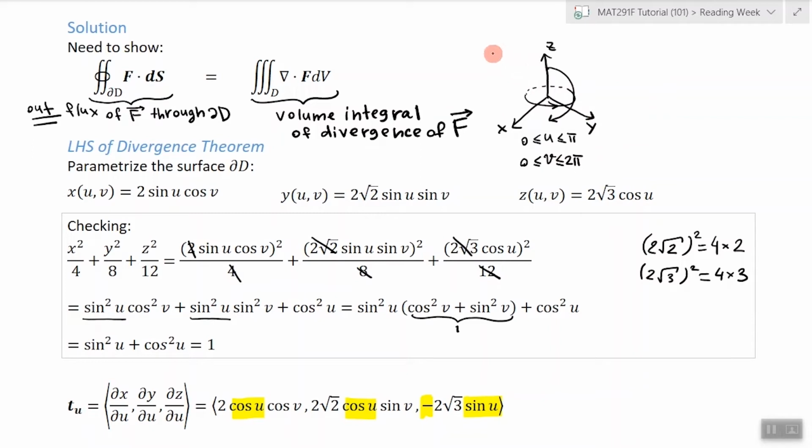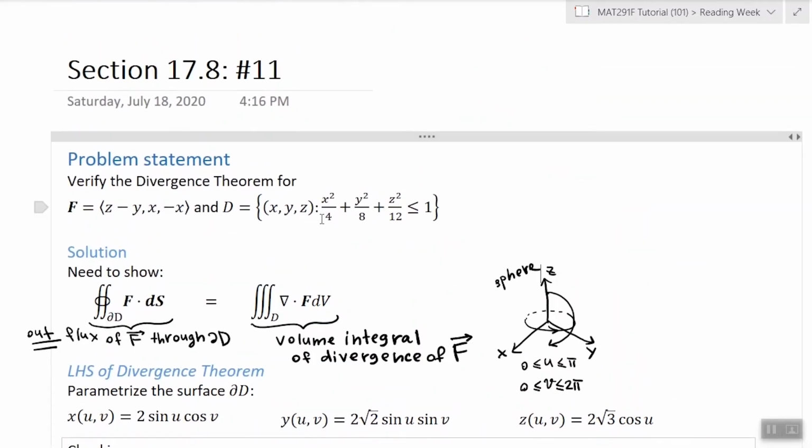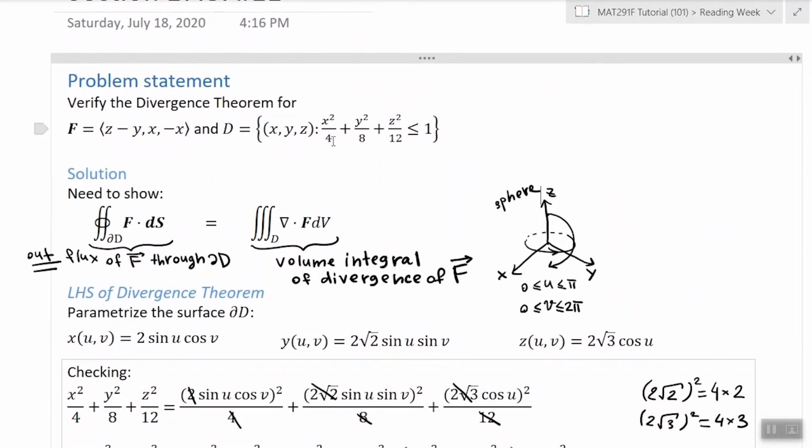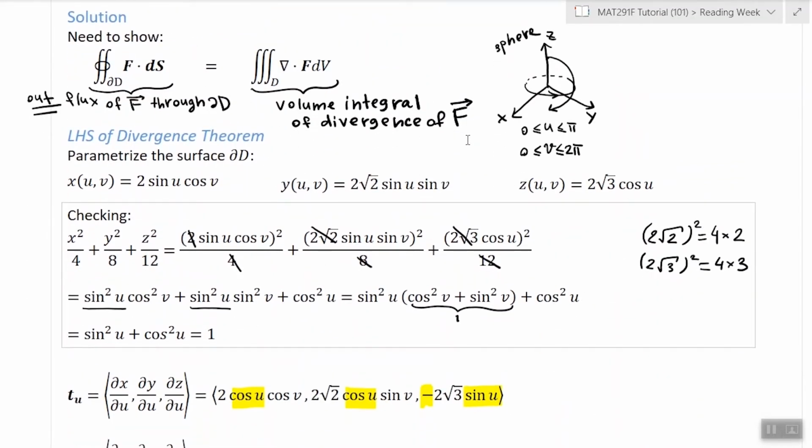Now this is for a sphere of radius 1. But this is not quite what we're working with. We're working with an ellipsoid. Remember, it's stretched along x, y, and z by different amounts. But these parameters are the same. So you could imagine that we would map out the sphere, and then for every point on this sphere, there would be a corresponding point on this stretched out ellipsoid. Let me actually draw it to scale.